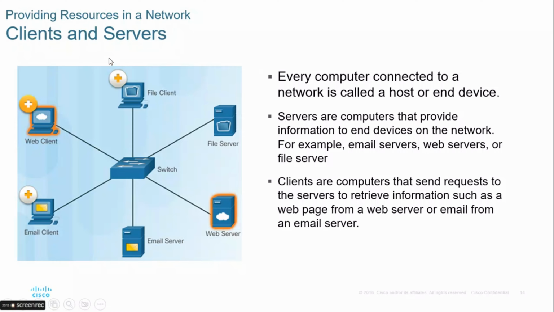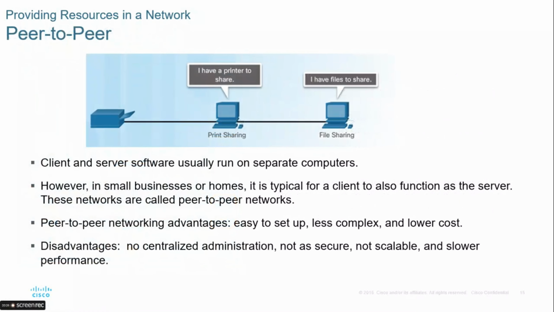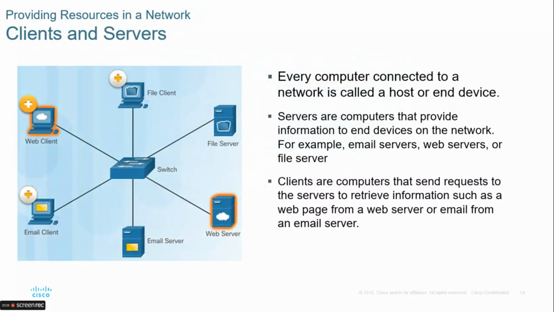And the environment in which clients access servers, and servers provide information or resources to clients, is called client-server architecture. So this is one of the ways resources are provided. It can be on client-server architecture, and the majority of organizations rely on this particular form of platform.